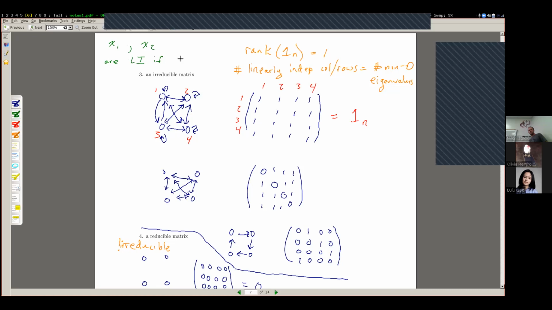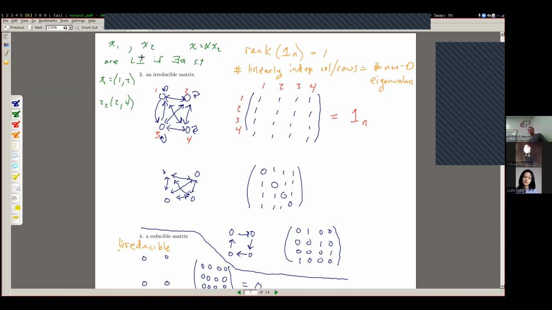If there exists some scalar constant such that x1 equals alpha times x2, so they only differ by a scalar factor, then if we have, say, x1 equals 1, 2 and x2 equals 2, 4, those are linearly dependent.